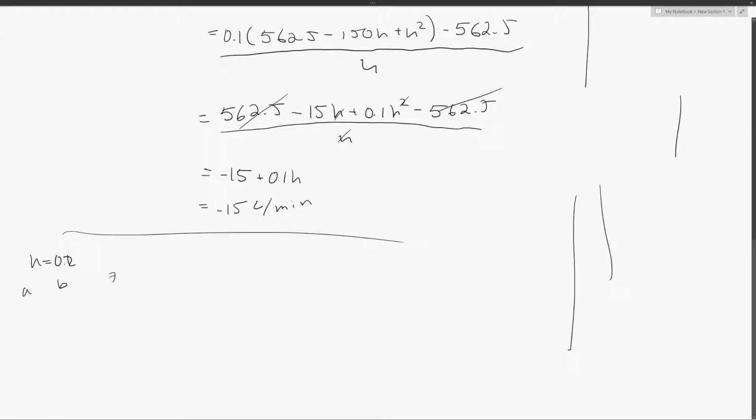Remember, the middle has to be 75. We could make a 74.9, and b would have to be 75.1. We could substitute those values into our expression, and we would get V of 75.1 minus V of 74.9, and divide that by the difference, which of course would be h, so 0.2. And in doing that, we would get our new value, which should come to -15.